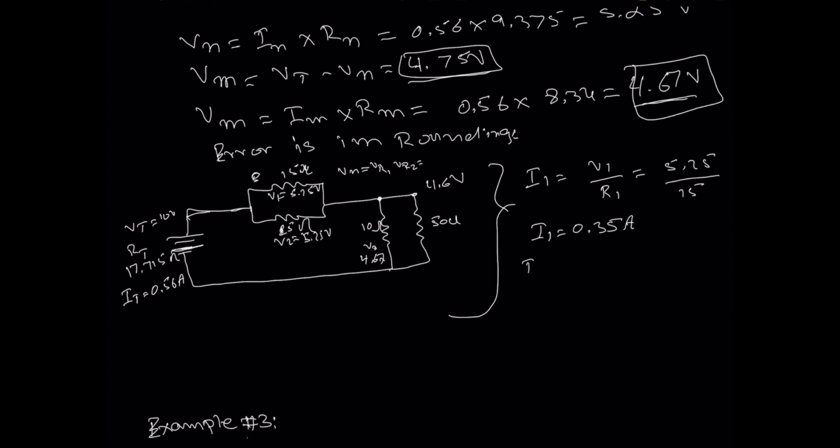Let's find I2, which will be V2 divided by R2. V2 is the same 5.25 divided by 25 ohms, which will give me 0.21. 0.21 plus 0.35, if you combine them together, will give you 0.56. So yes, that is actually the case here.